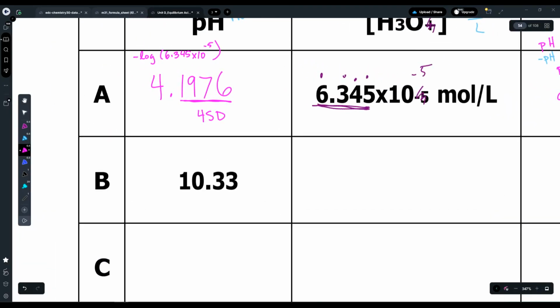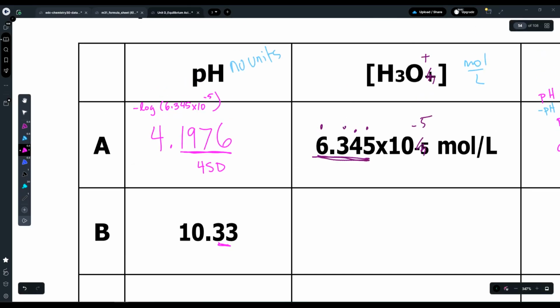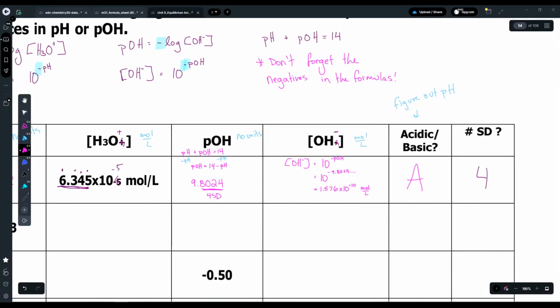All right, for the next row here, we've got 2 sig digs. How I'm determining that is this 10.33, that's pH, so you look after the point. So 2 sig digs.